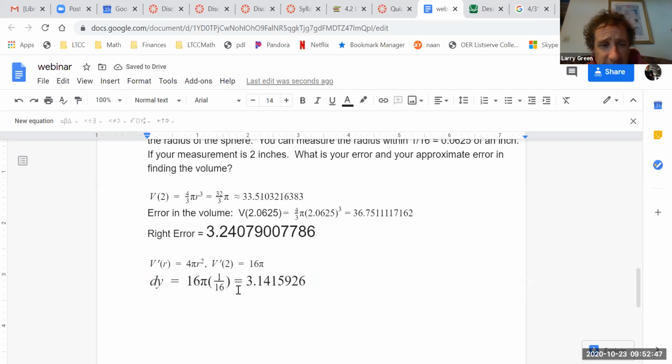Okay. So what do you think? Do you think it's a pretty good approximation? Do you think it's a disaster to use calculus instead of not using calculus? Okay, and if you notice, using calculus, I didn't need a calculator.